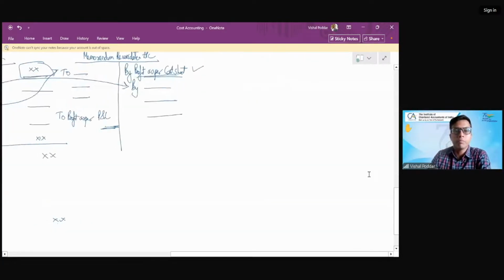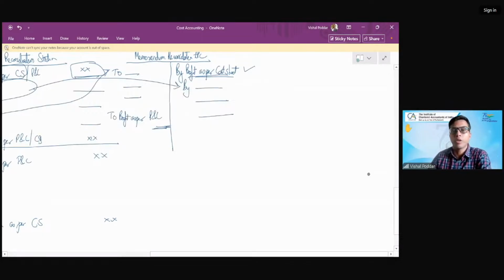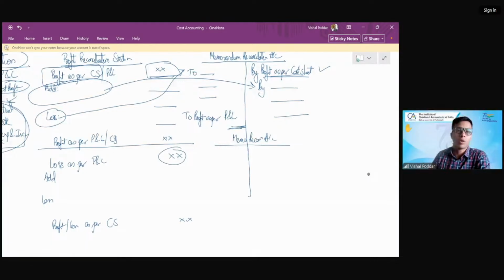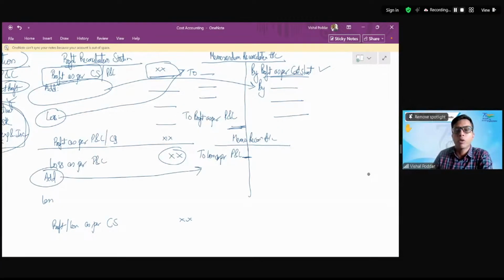Now, for the same question, where you have to prepare the reconciliation format, if the opening balance is a loss, loss has a debit balance. So you start from here, loss as per P&L, you'll put it here. Whatever you have identified as add, you'll put it on the debit side so that automatically it will get added.